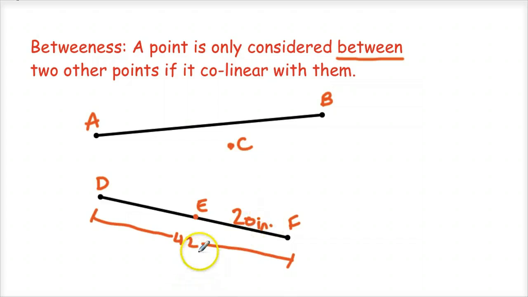We could say that that's 20 inches and this is 42 inches. Now I can actually figure out the measure of DE because I know that the total length is 42 inches, but the distance between E and F is 20 inches. So that means that the measure of DE is 42 minus 20, so that would be 22 inches.